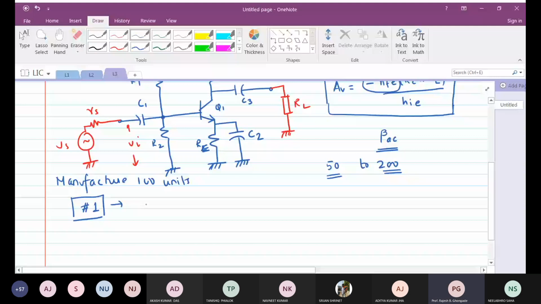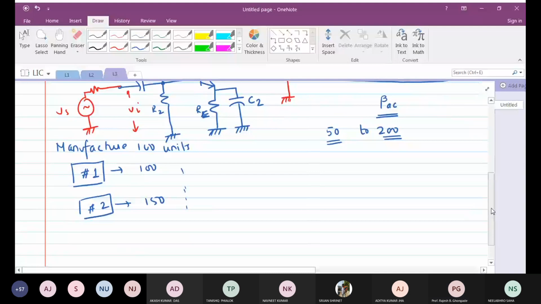Then the second unit that you manufacture will have a different gain, 150, and so on and so forth. So what is the problem that you have here? That you don't have the same gain. Is this thing acceptable? Guys?